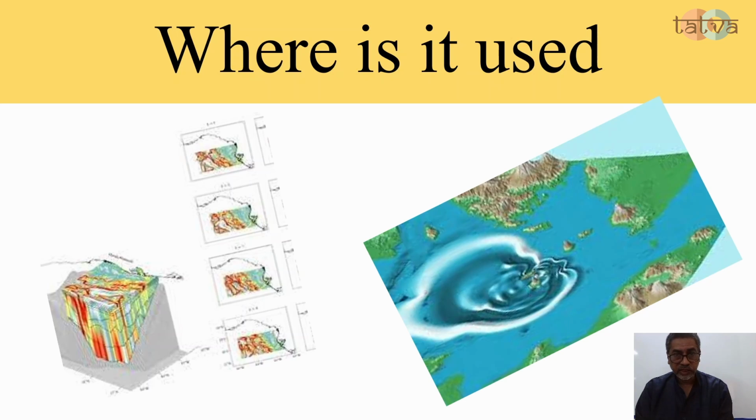So we need the tensors there. The ordinary vector calculus many times will not work out. And on the right hand side, you can see it's a tsunami somewhere in the southern part of the US or somewhere. And therefore, tsunami and earthquake modeling requires very special mathematical tools, and tensors provide that for us.